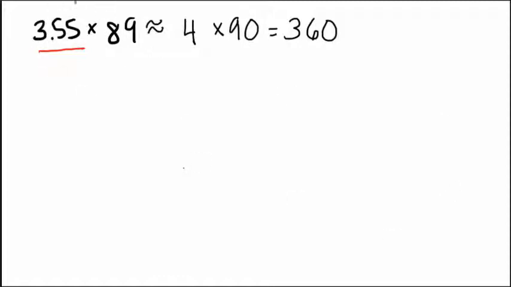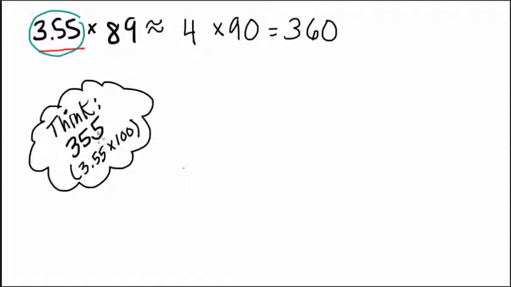Now when I'm doing this problem, I want to think about this number right here. Let me circle this. The 3.55, what is that going to look like? I'm going to multiply it by 100 because I want to get rid of the decimal. So it's 355, which is basically 3.55 times 100.